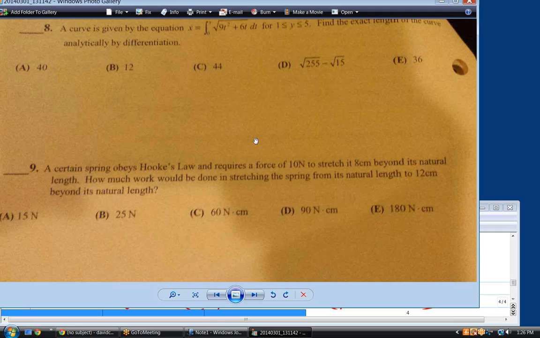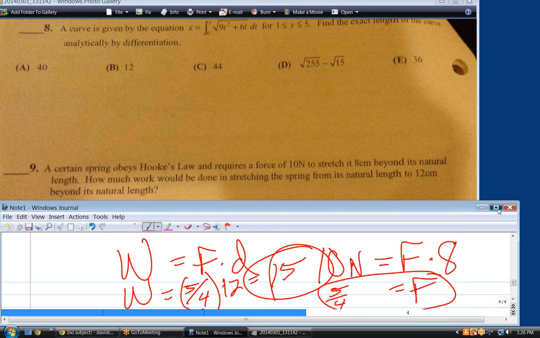Alright, I got a problem here that's an example that should clarify the issue here. Let me just go through this example and this will help, and then we can go back and look at that problem.